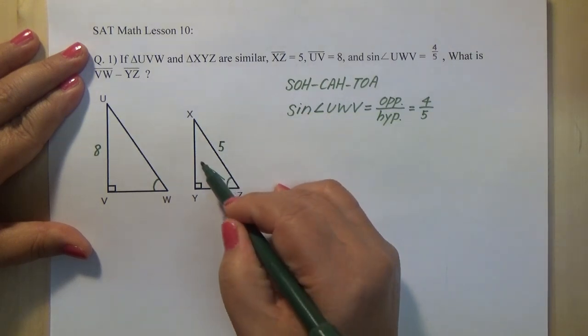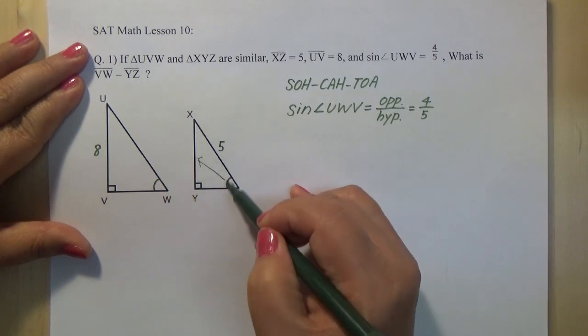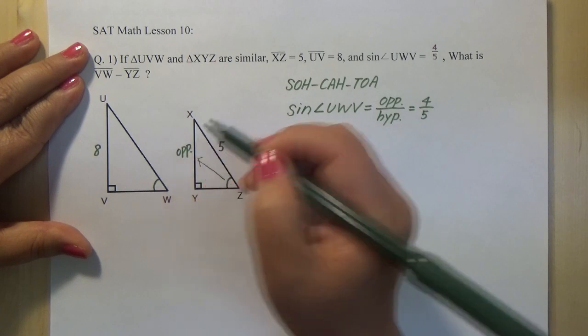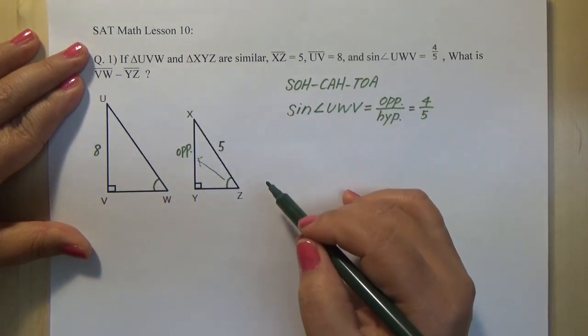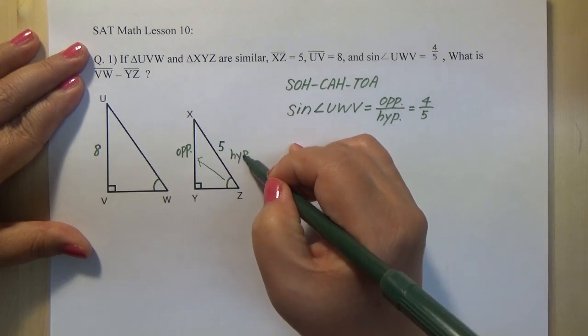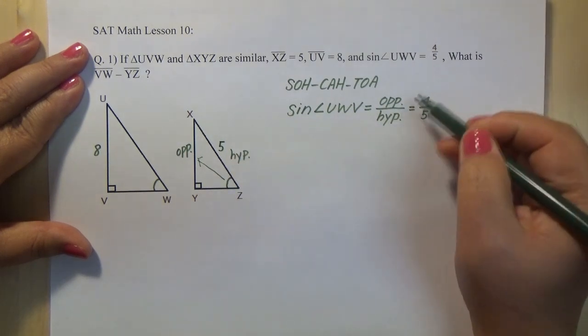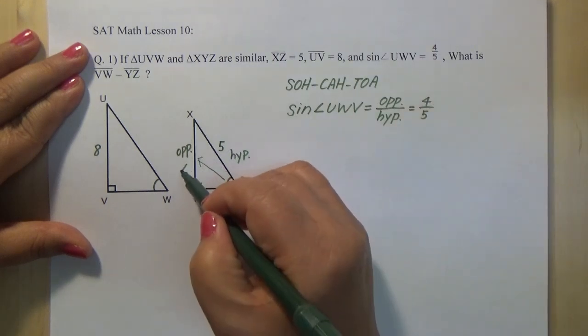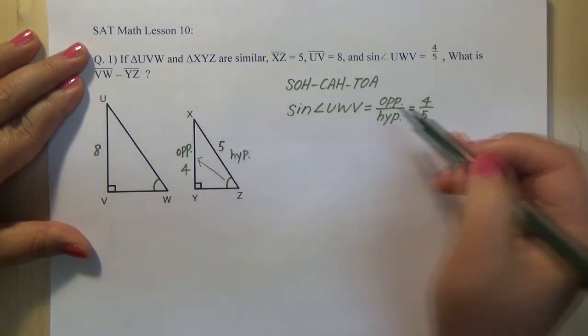So opposite of this angle is here, opposite. And then hypotenuse is always the longest side. This is the hypotenuse. And then look at this ratio. So opposite is 4, hypotenuse is 5.